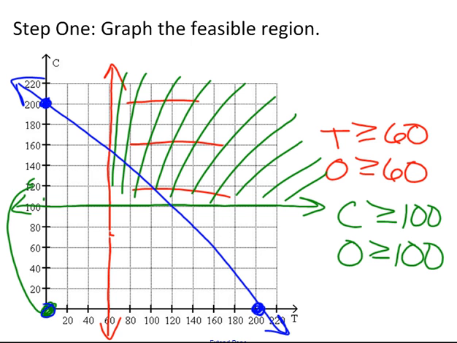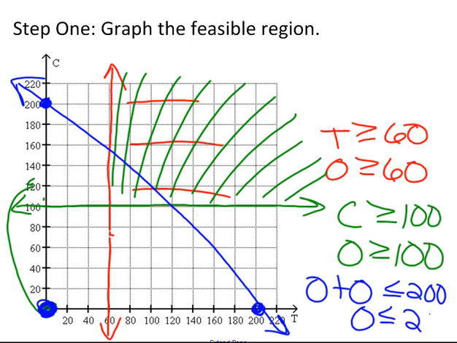Test point is 0, 0. Plug in 0 for both the T and the C. Simplify the left. Is 0 smaller than 200? Yes, it is. So I have to shade in the same direction as my point 0, 0.